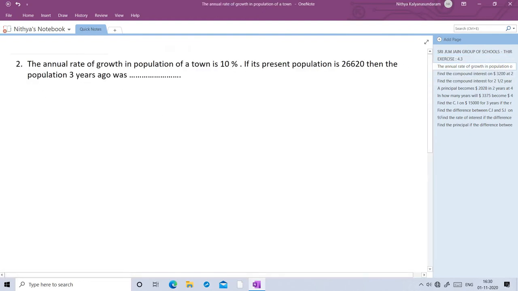Second question: the annual rate of growth in the population of a town is 10%. If its present population is 26,620, then the population 3 years ago was dash. So we want to find out the population 3 years ago.